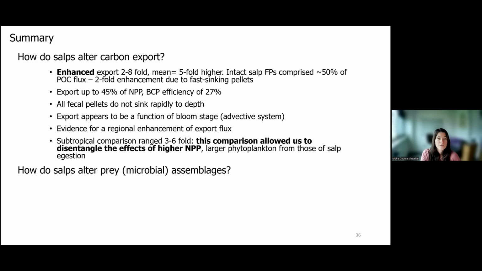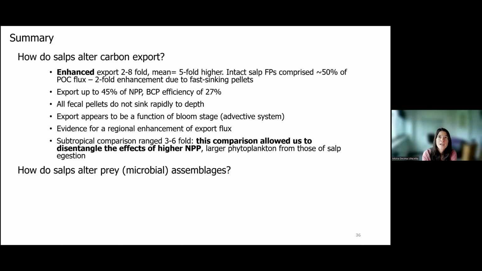We also find this evidence for a regional enhancement of export flux, and using this approach of comparing a location with Salps versus without Salps, especially in the subtropical area, we're able to say Salps really increase export flux by 3 to 6-fold in this location.